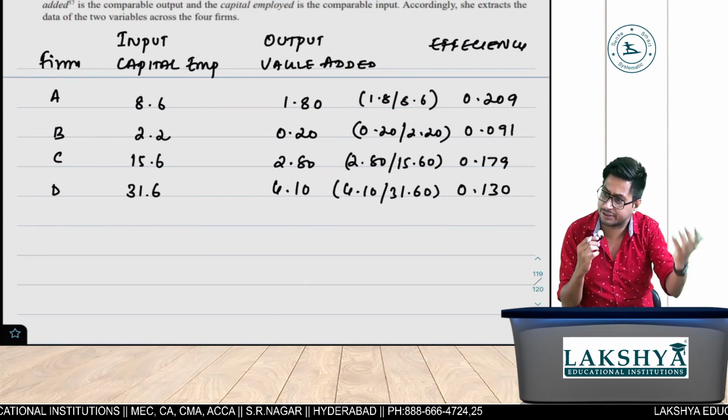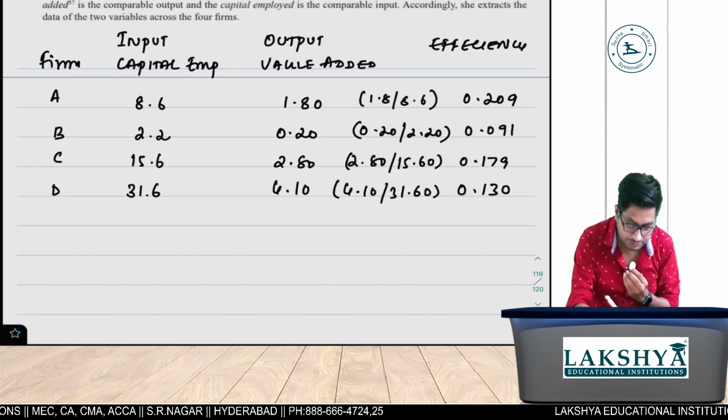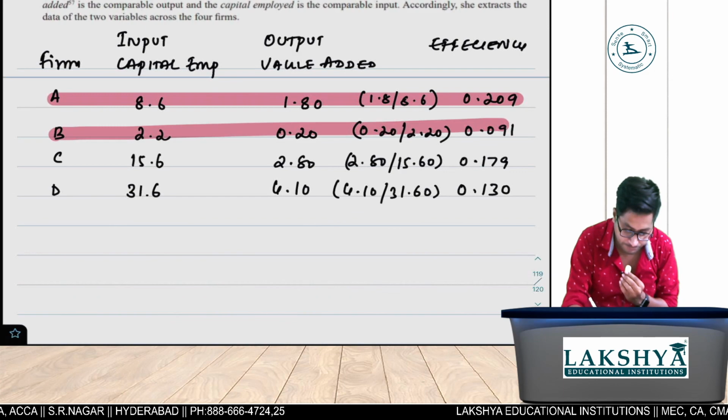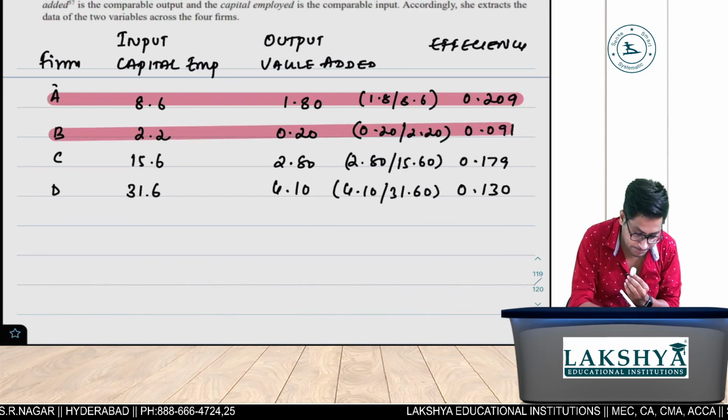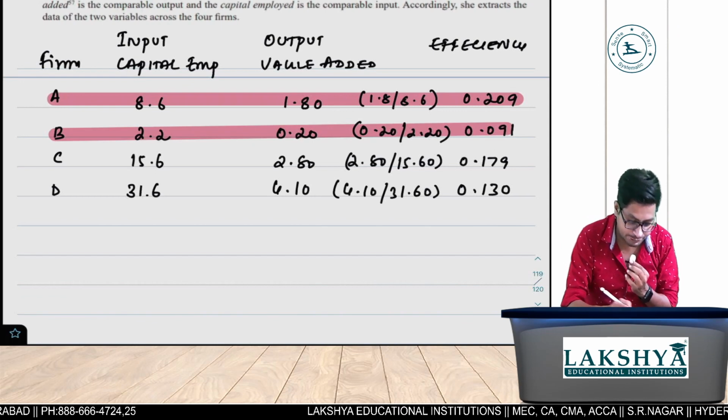Now we will calculate relative efficiency also, but not right now. First tell me, who is most efficient? A. Who is the least efficient? A is most efficient. Clear? A is most efficient and B is least efficient.